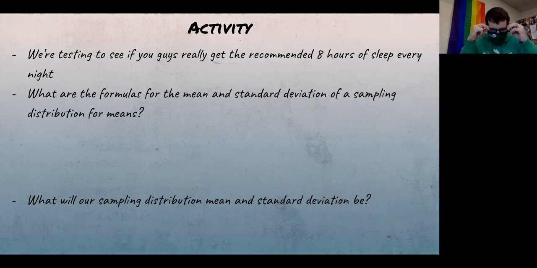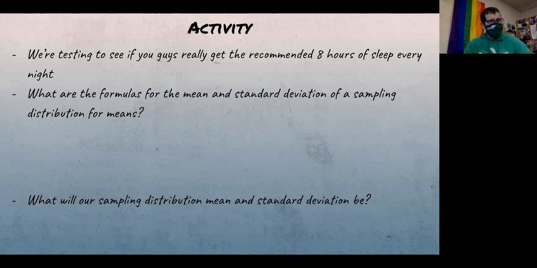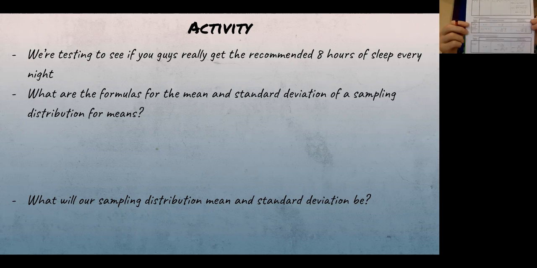So the formulas for the mean and standard deviation of a sampling distribution for means, you most likely don't have those memorized. That's why you have your reference sheet. First of all, we're looking on the back of the front page, talking about sampling distributions. We know we're dealing with means, so that's going to be in this box right here.